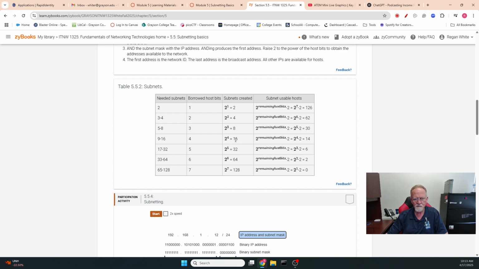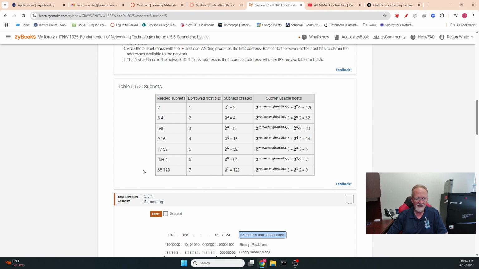You're always going to create more subnets than you need, unless you happen to exactly need 16 subnets or 8 subnets or 4 subnets. But for the most part, you're not going to need that. In fact, once you get up here, you're breaking up a network into 32 pieces or 64 pieces. There's really not a whole lot of point to doing that. We need to know mathematically how to do it, but practically you're going to end up with like 6 assignable hosts or 2 assignable hosts.